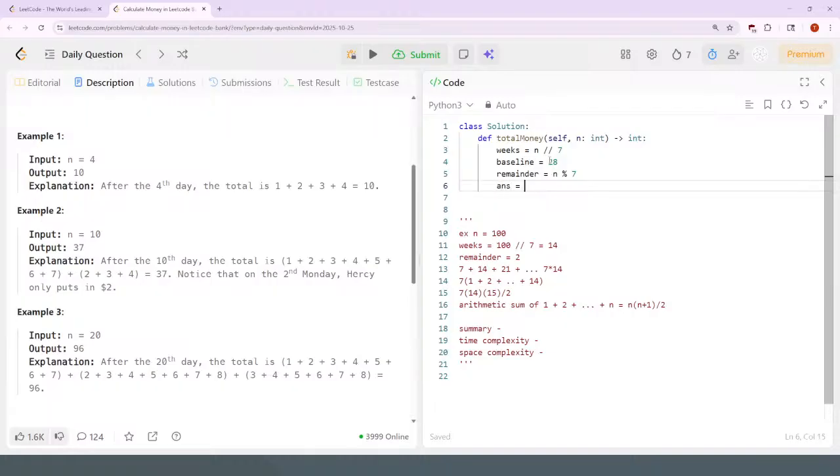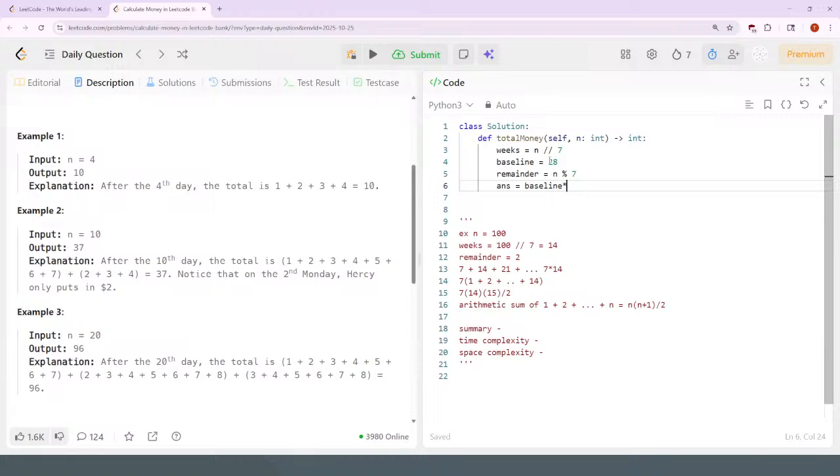So the answer should be the baseline. So if it's done in 1 week, so the week is 1, then it should be the baseline. Oh gosh, let me say if there's 2 weeks, then it's 28 plus 28 plus 7.